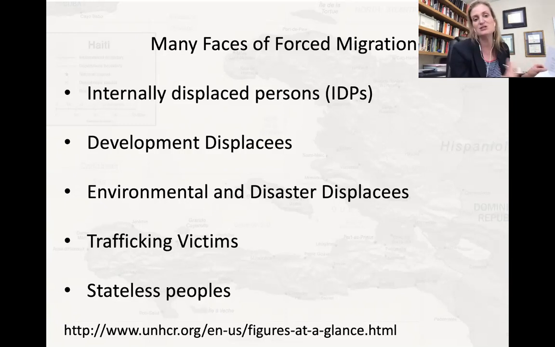Climate change refugees don't meet that definition. And so therefore, they are not able to legally apply for asylum in many countries and receive it.